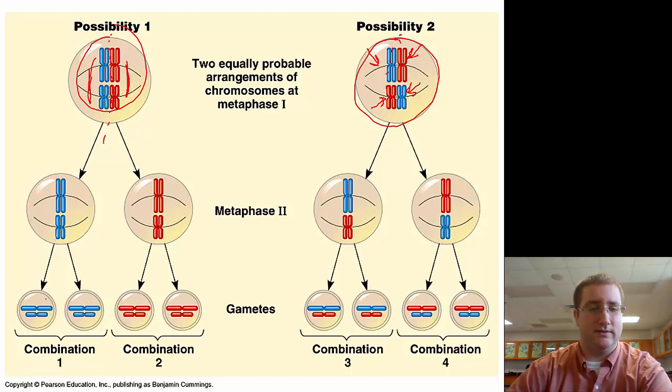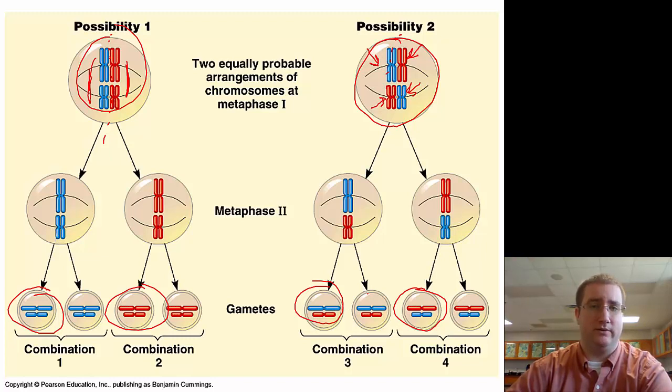And we can see here that we could create a cell that is all blue, a cell that is all red, a cell that has the big blue chromosome and a small red chromosome, and a cell that has a big red chromosome and a small blue chromosome. So with 4 chromosomes, by this random assortment, by this flip-flop arrangement, you can create 4 different combinations.